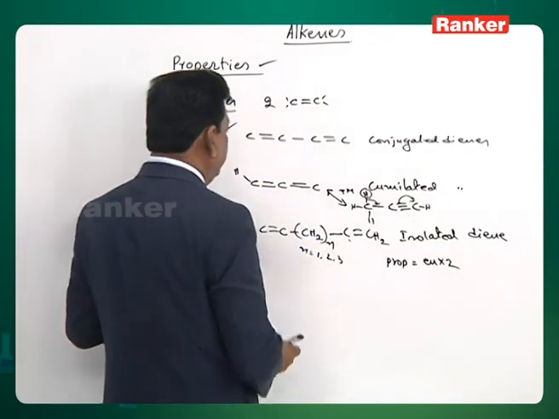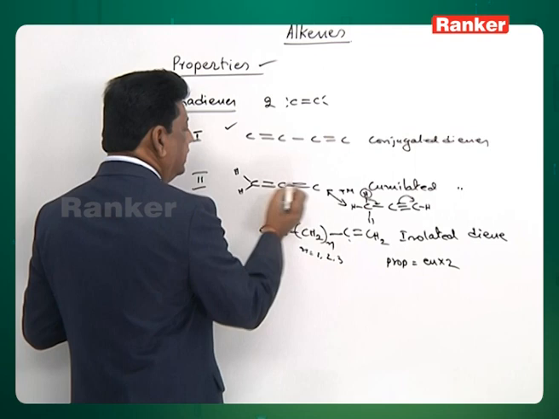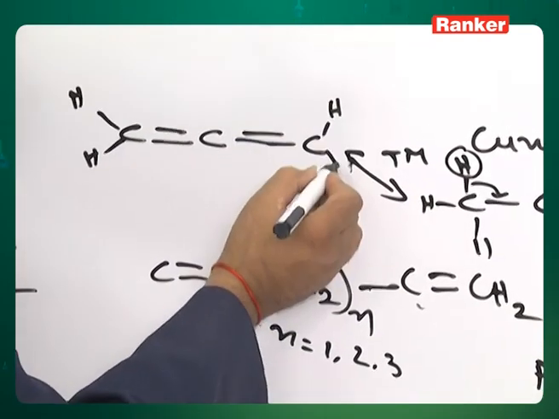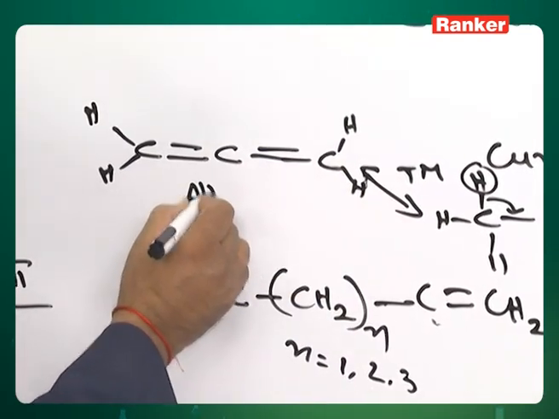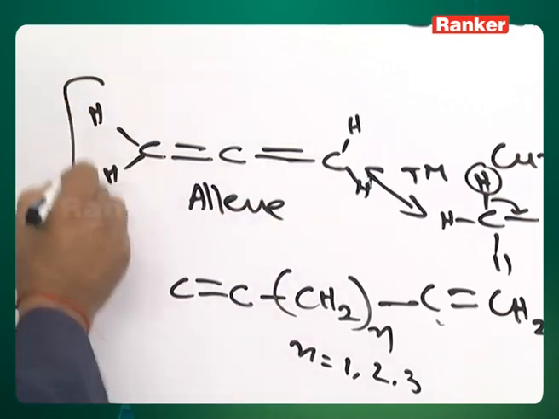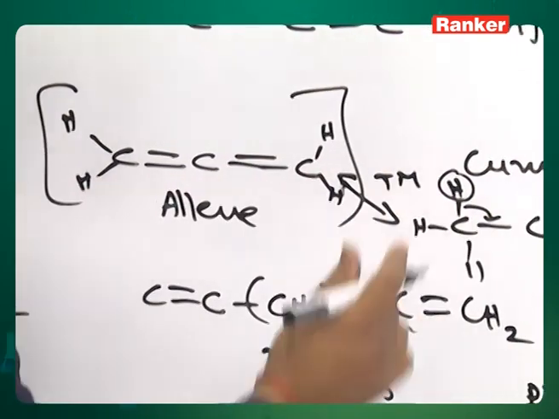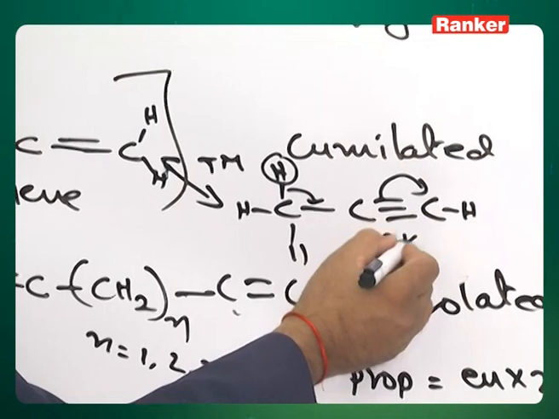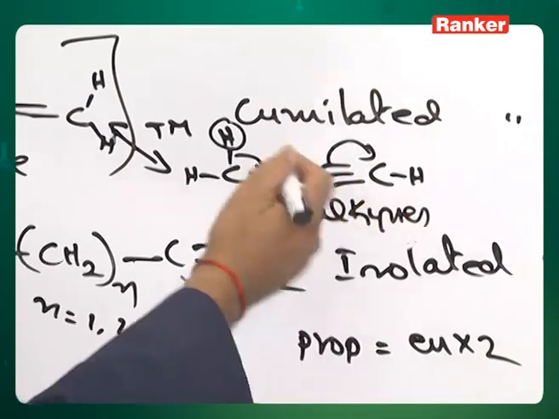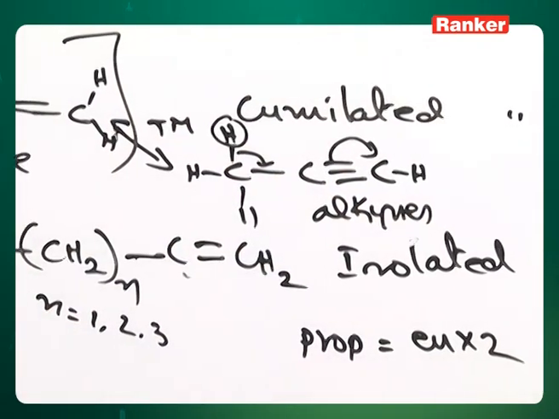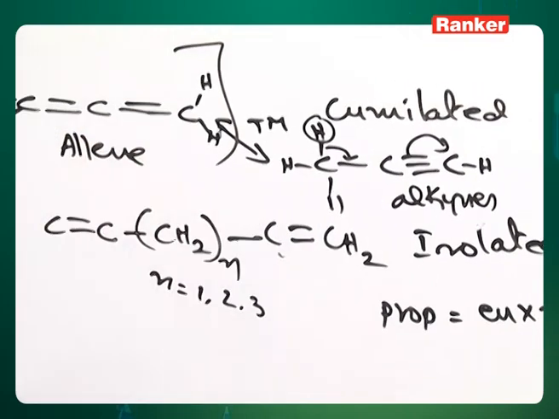The cumulated diene, in this special case, is known as allene. Allenes are unstable. Immediately they become propyne, alkynes. If you read the properties of alkynes, the allene is unstable, therefore it gives this one.